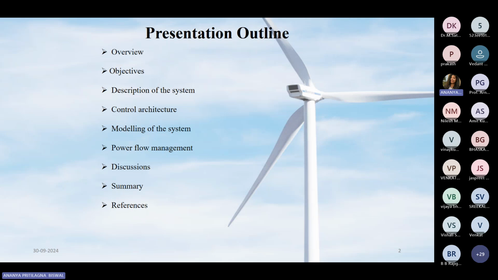Here we have modeled the battery and PV systems, so we will also go through the modeling of the systems. Power flow management for proper load distribution. We will also go on to see the discussions on the results we got, and the summary.